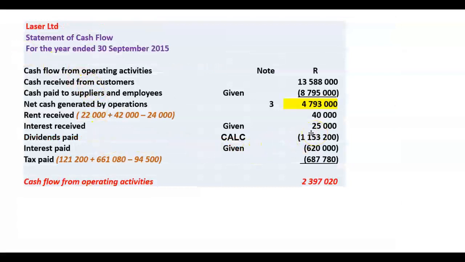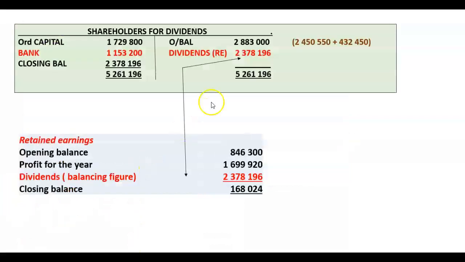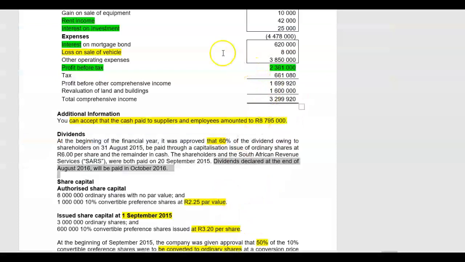You also see here that dividends were paid during the year amounting to 115,300. We also declared dividends for the current year of 237,896. But if you go back to your income statement, your profit after tax is only 169,920. So what did they do?